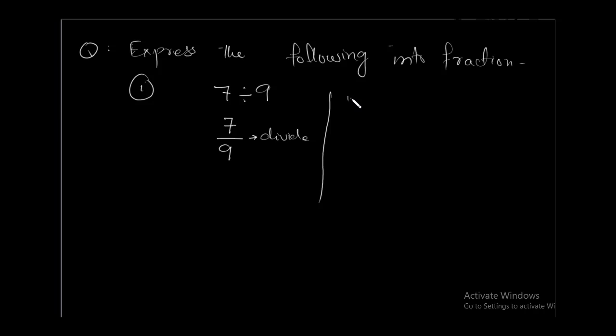Similarly, I have a second example, that is 5 divided by 7. So I can write this like 5/7. Next, I am going to express the following into mixed fractions.